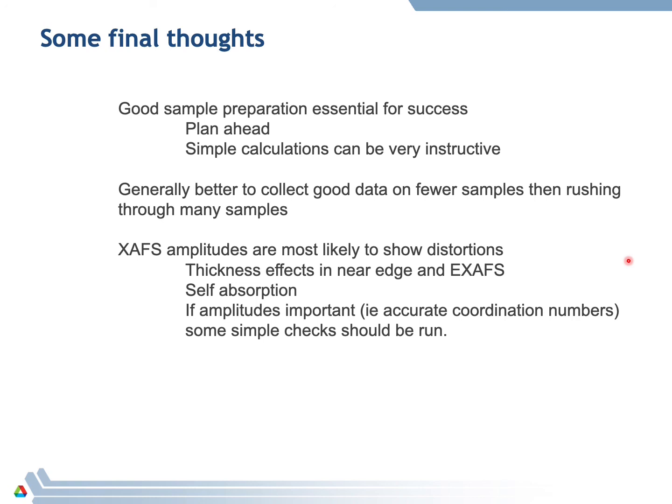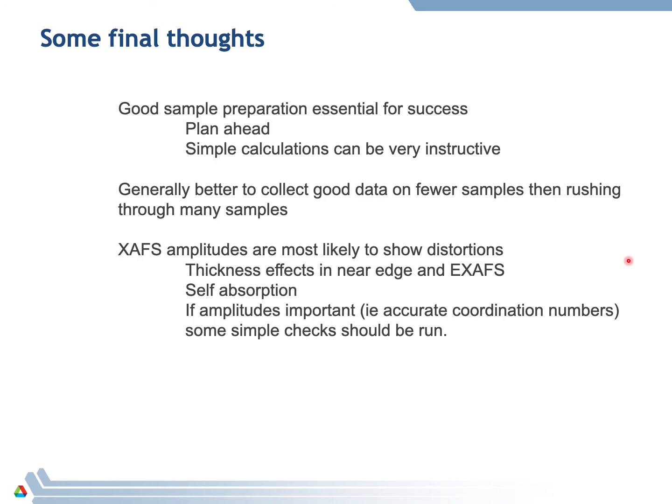Just a comment, from my experience, it's generally better to collect good data on fewer samples than rushing through many samples. The problem with using synchrotrons is you usually only have a couple days of beam time, and you have a lot of samples that you want to measure, so the temptation is to try to get through all the samples, but then you have reduced quality data on a lot of samples.